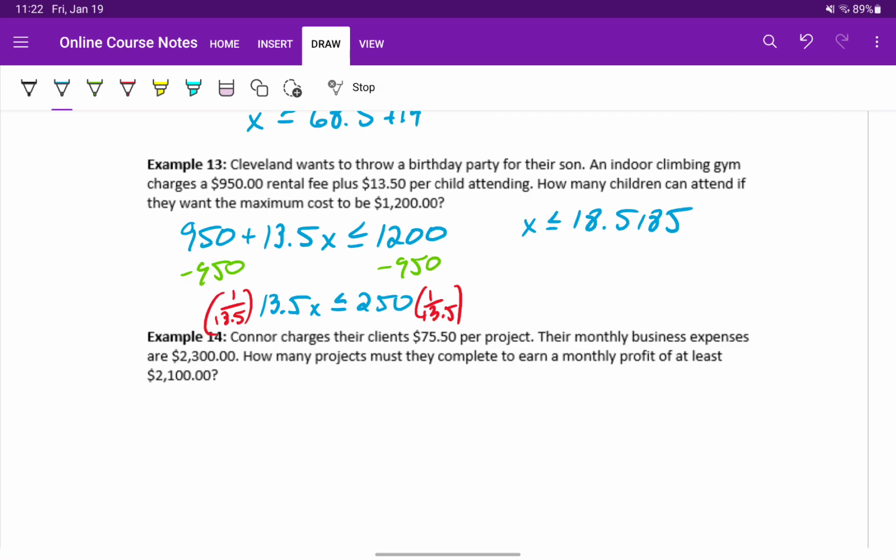We can't invite a fraction of a kid, so in this case, we would say that we could have at most 18 kids invited to this party, because once we hit the 19th kid, that would no longer be a solution to that inequality statement that we found.